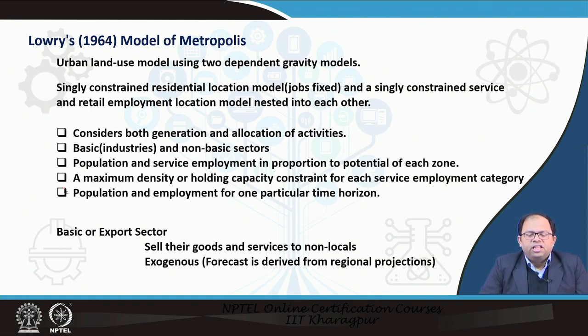That means in the first model, jobs were fixed. Based on that, residences were allocated to different zones of the city, and based on this spread of residences, we had another model, which was a retail employment location model. There was one assumption that when residences are locating themselves, they will require retail, and that will lead to some requirement of retail jobs.